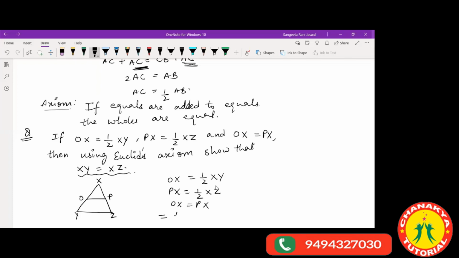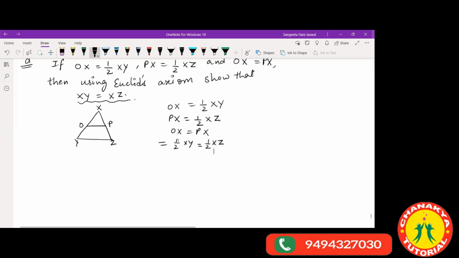Ma'am, can we write it as OX plus OY is equals to XY? Ma'am, we can cancel half in both of them. See here what I have done. I have just written whatever was given to me, and these three things are given to us.